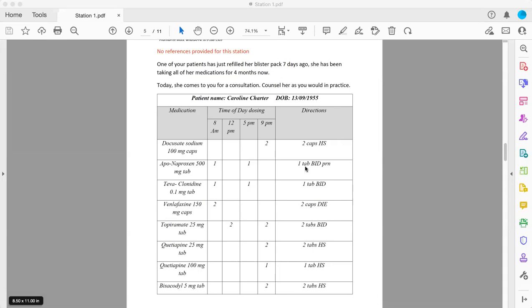So I would recommend, when will be the next appointment with your doctor? Next month. Okay. May I know why you're taking clonidine, for which indication? It is the small pill, 1 in the morning, 1 at night. I believe that's also for my heart. That's what the doctor said.